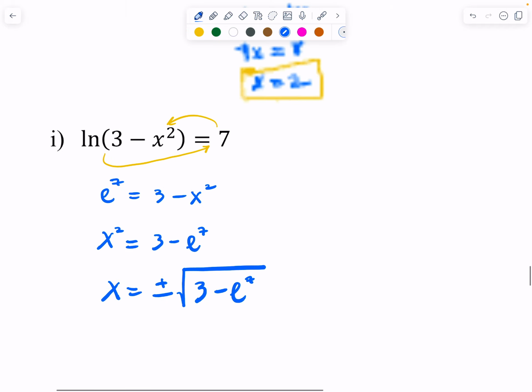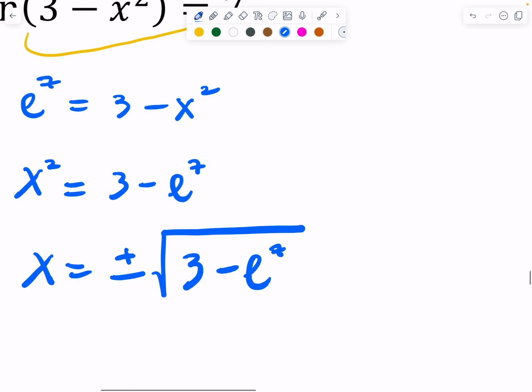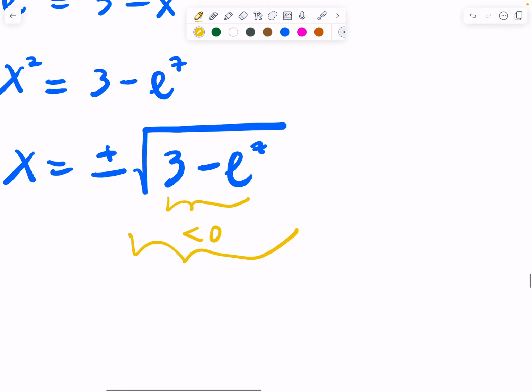Here's the thing. When we go to check, it might even be helpful to come up with the decimal approximation of this. Now, e to the 7th power is a large number. 3 minus that number is going to be less than 0. So the square root of that negative number is actually not a real number.